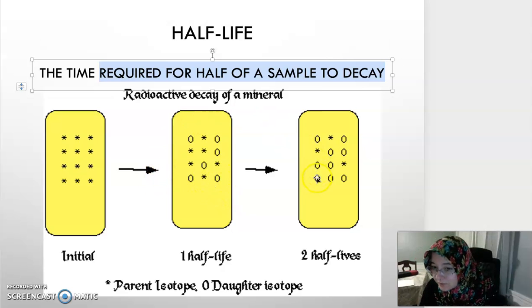After another half-life, you are going to have 3, because 12 divided by 2 is 6, and 6 divided by 2 is 3. And you are going to form new elements after each half-life. That is how half-lives work.